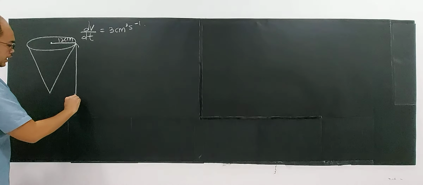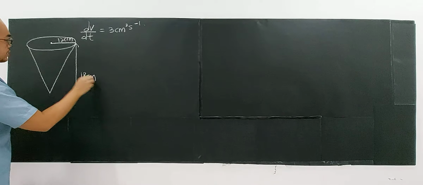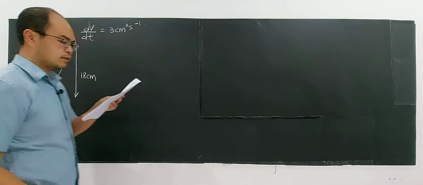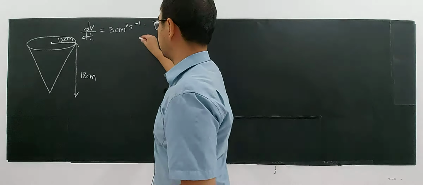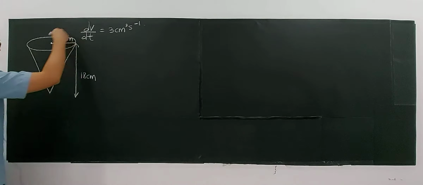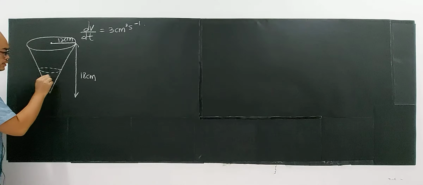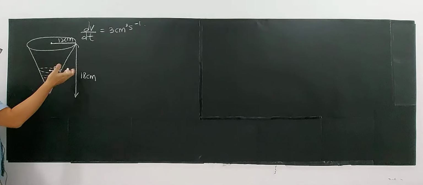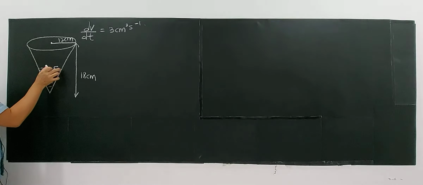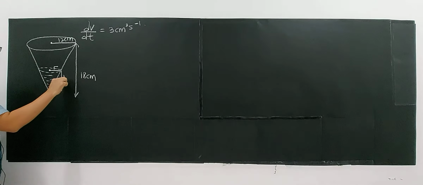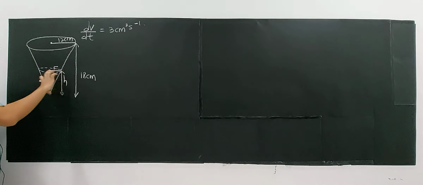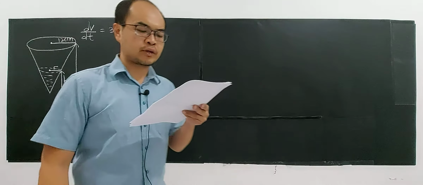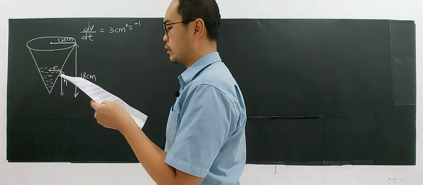So the height of the inverted cone container is 18 cm and the radius is 12 cm. The question is to find the rate of increase of the height of the water level. As you keep pouring, there is water inside the cone, and this water has its radius, which changes with time. If you keep pouring, the radius will increase, and the depth of the water in the cone also increases.